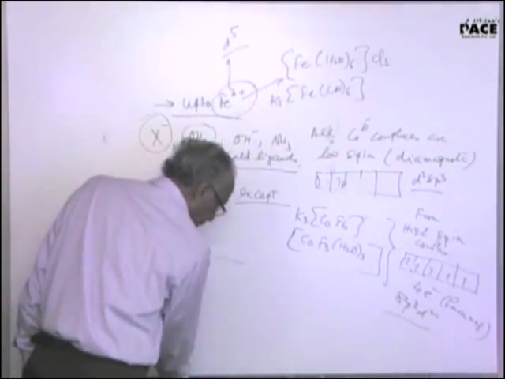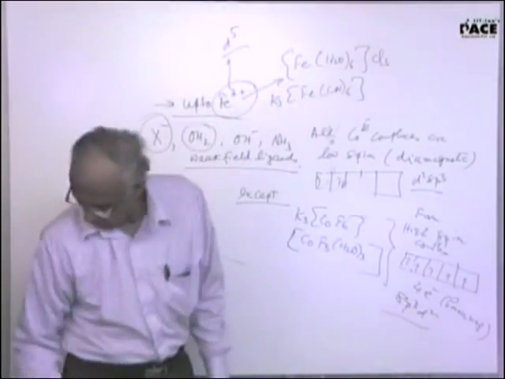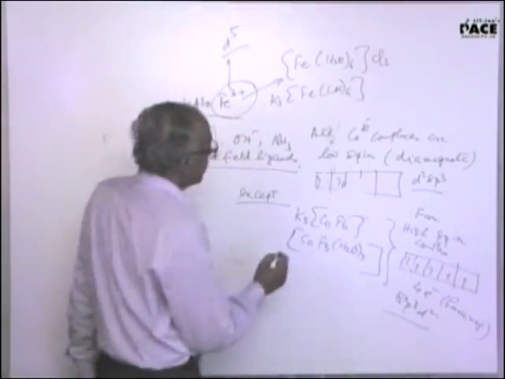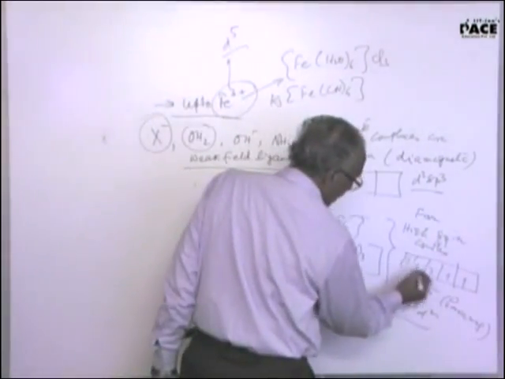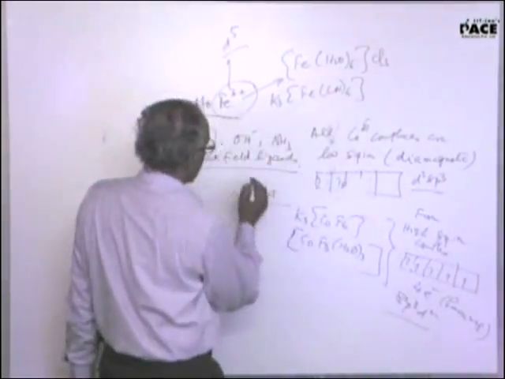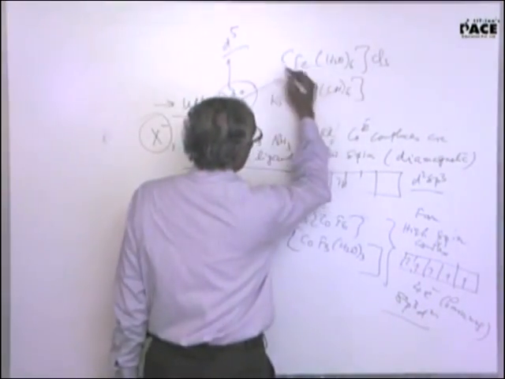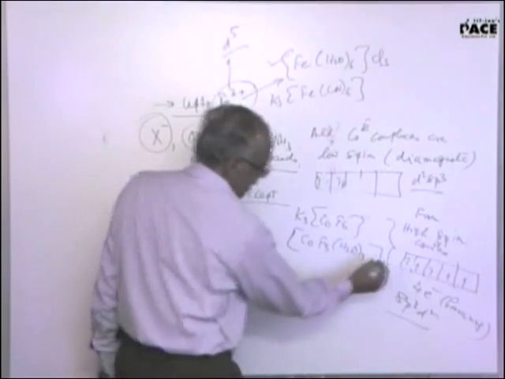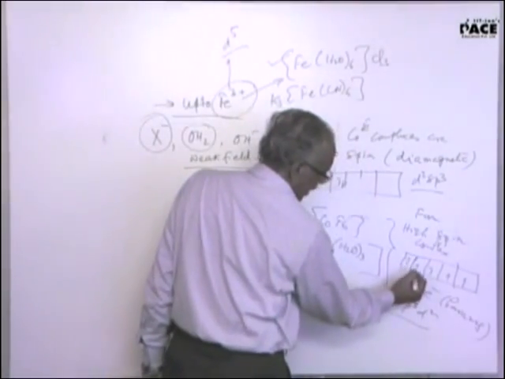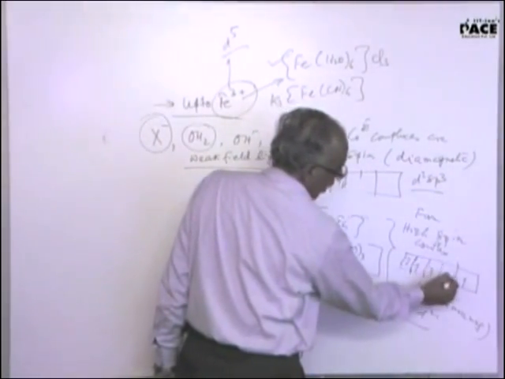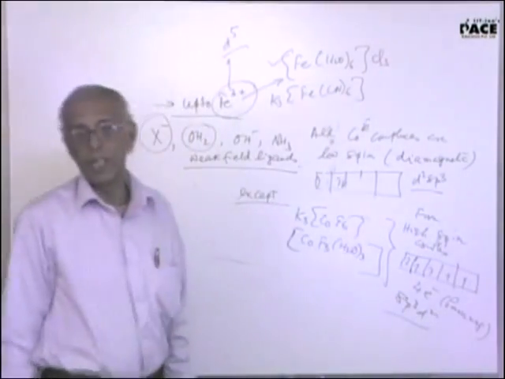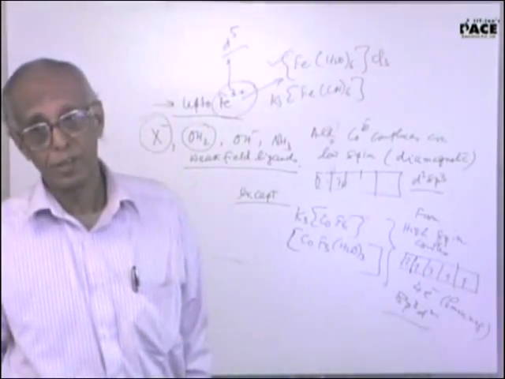For water as a ligand, the distribution of electrons will be 1, 1, 1, 1, 1. So there will be 5 unpaired electrons.